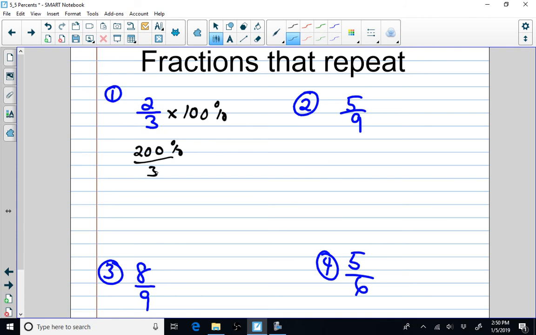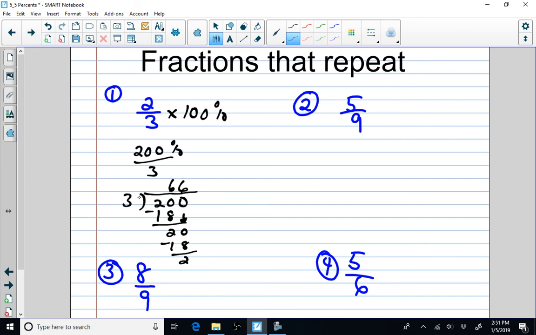And now I want to do my long division. I want to divide 3 into 200. And when I divide 3 into 200, that's going to give me what? 6 times 3 is 18. Subtract, I get 2. Bring down the 0. 3 goes into 20 6 times. 6 times 3 is 18. Subtract, we get 2.